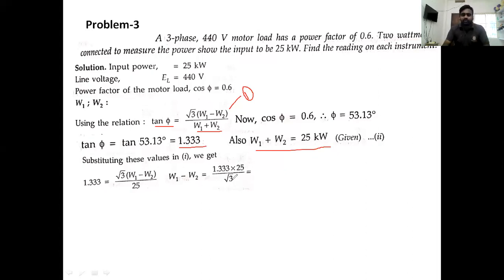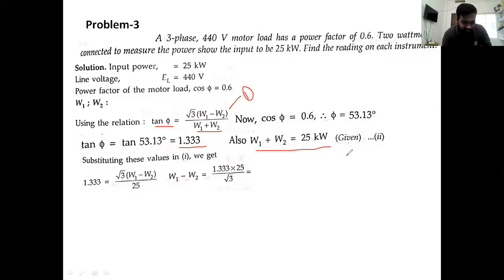What is the value of W1 minus W2? 212 got 19.196. Can anyone verify this? 207 got 19.240, 245 got 19.19.